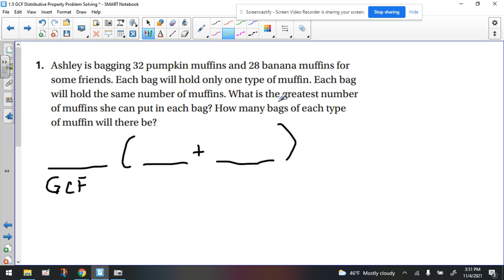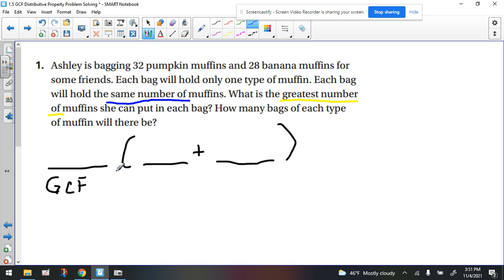First piece of evidence is it says, what is the greatest number of muffins? So when you see greatest number of, that's when you know you have to find the GCF. Now, how do you know when you're also applying distributive property? It's when you see same number of in the word problem. So we see that here, which means we jump into distributive property mode.